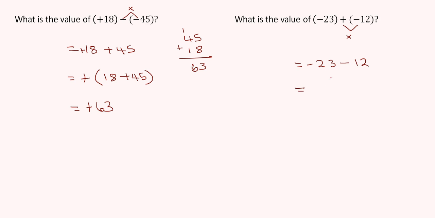So signs are the same, so we put a negative out here, and then we have 23 plus 12. So let's look at what 23 plus 12 is going to give us. 3 plus 2 is 5. 2 plus 1 is 3. So this is going to give us negative 35. So that is really how you can manipulate these types of expressions.